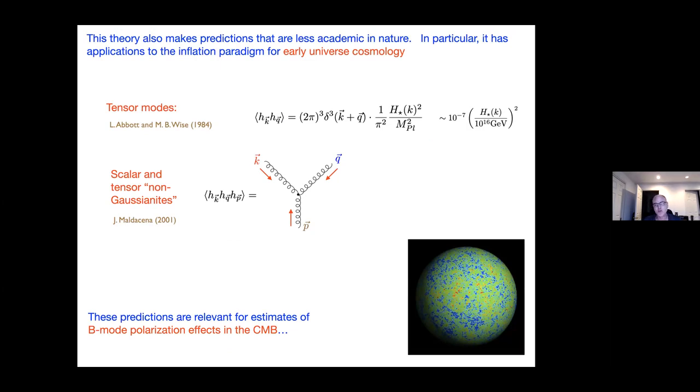More recently, this effective theory also calculates things that are relevant phenomenologically. For instance, observables in the early universe, where the suppression is not as strong because the Hubble scale is large.